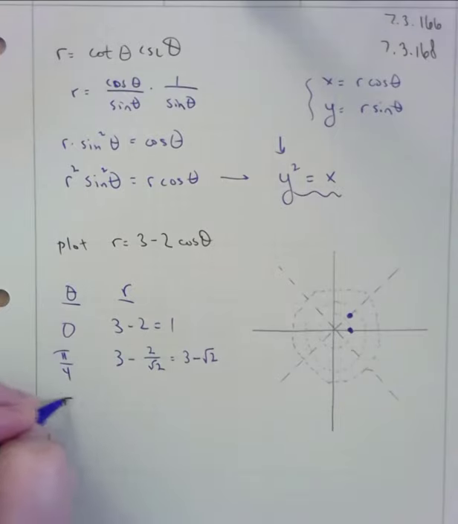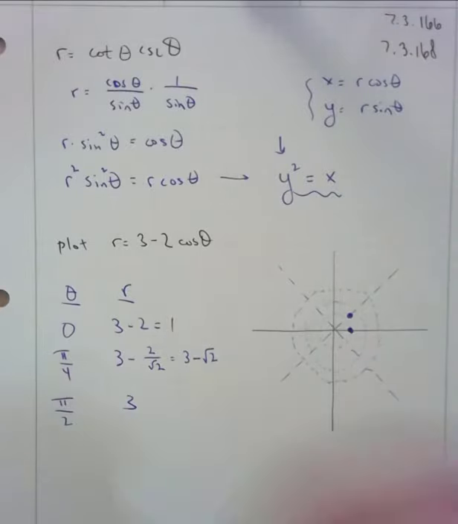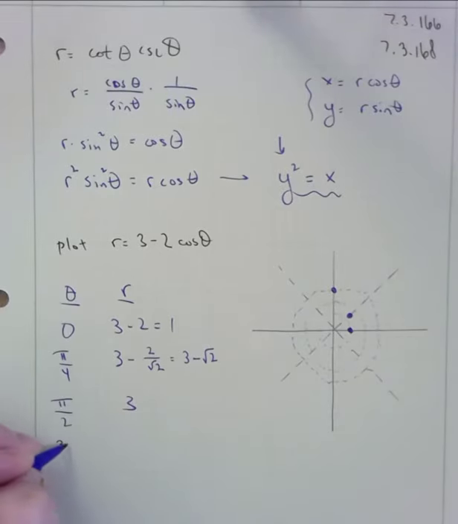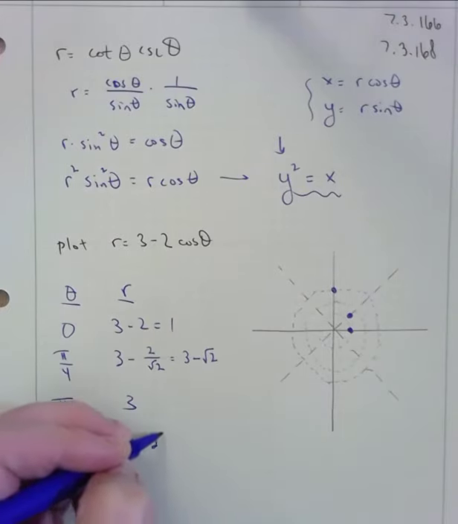When theta is pi over 2, well, there cosine theta is going to be 0, so r is just going to be 3. So 1, 2, 3. And then when theta is 3 pi over 4, this time we're going to get for r 3 minus 2 times.